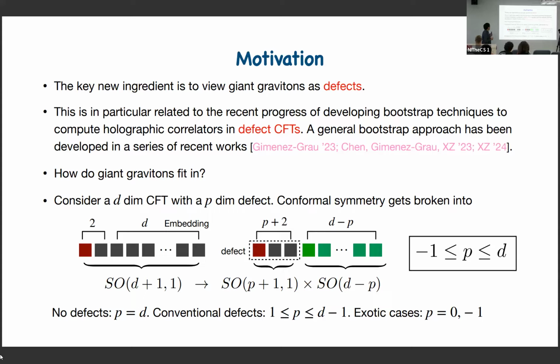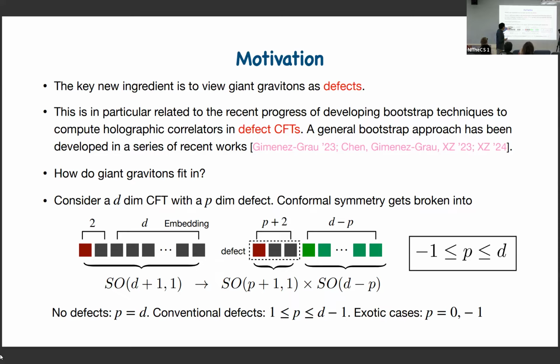Now, how do giant gravitons fit into the story of defects? Because it seems like they don't quite look like defects. To understand that, the question we need to figure out is what dimensions defects can take.